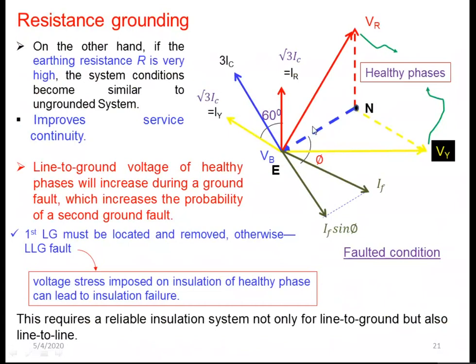And thus the potential which will appear across the healthy phase will be this one now. So there is a rise in the voltage of the healthy phases with respect to the phase voltage.